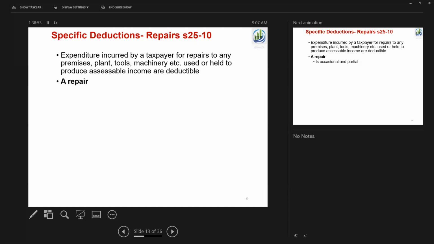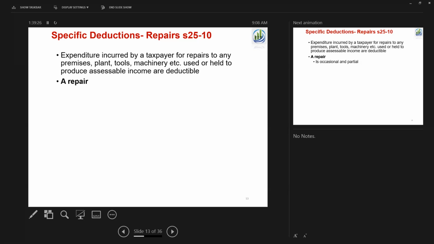For the second, you replace the whole carpet; even though it's a lesser amount, it is considered an improvement and cannot be deducted immediately. It can be deductible over time, using the carpet's life, maybe 10 years. So 2,000 divided by 10 years, or diminishing or prime cost method, we will talk later, and every year you deduct a little over the next 10 years. It's unfair, but that's the way it works.